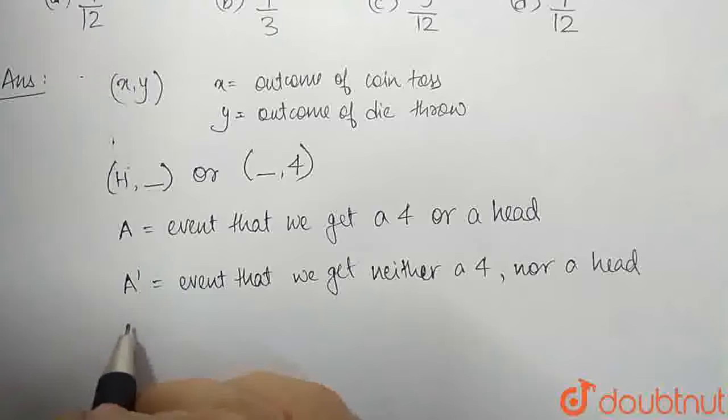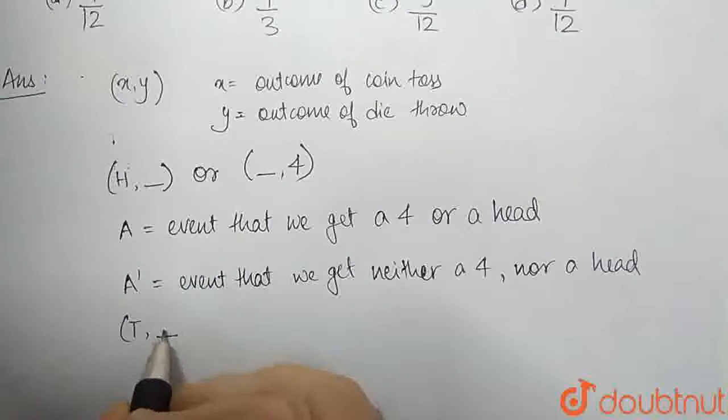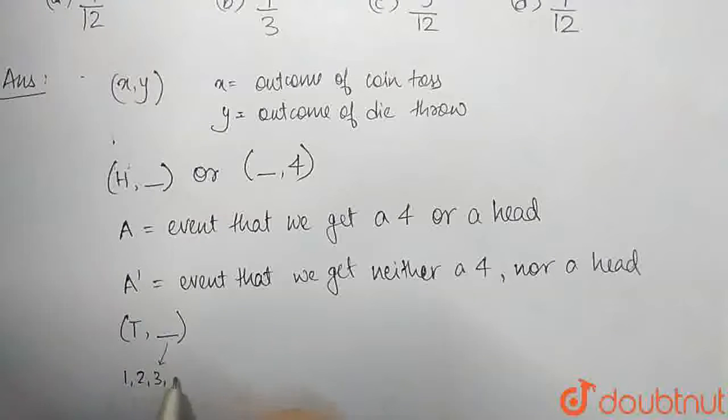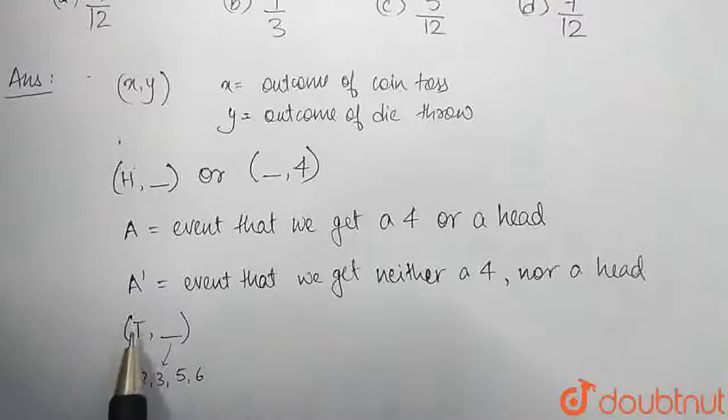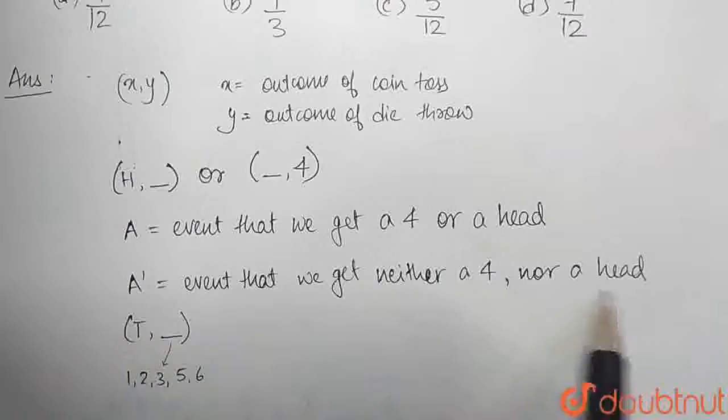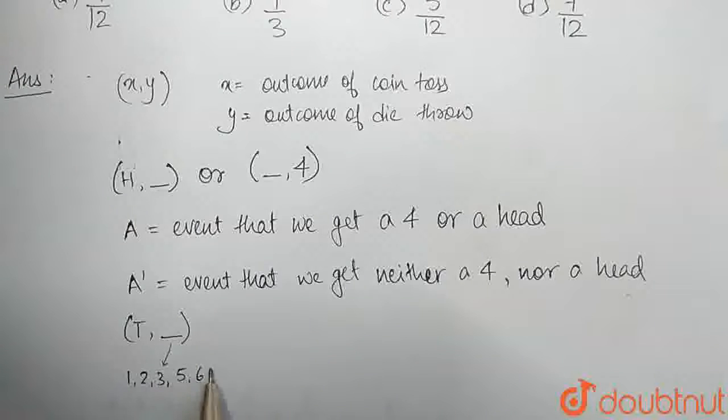Such an outcome would be in the form of tails comma dash, wherein this dash can have numbers including 1, 2, 3, not 4, 5 and 6, right? So the first one must be tails or else we'll get a head, and the second one can be 1, 2, 3, 5 or 6, right?